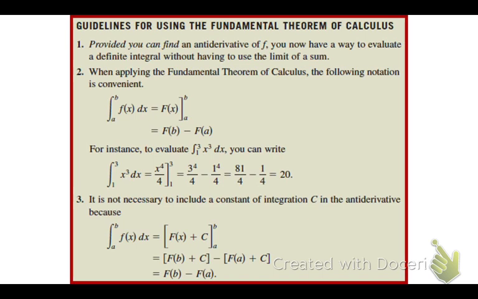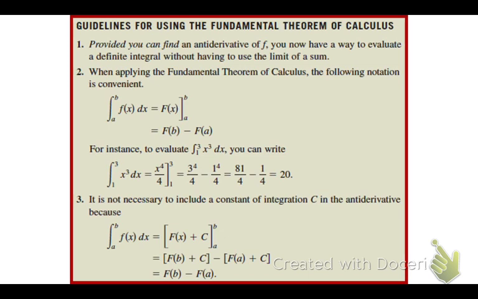Okay, so the guidelines for using the fundamental theorem of calculus. I did the algebra the other day in another class. Provided you can find an antiderivative, that means it is continuous and differentiable over the interval, so you can find the antiderivative. You now have a way to evaluate the definite integral without having to use the limit of a sum. That was what we did for the last 2 days, and it was long and horrible.